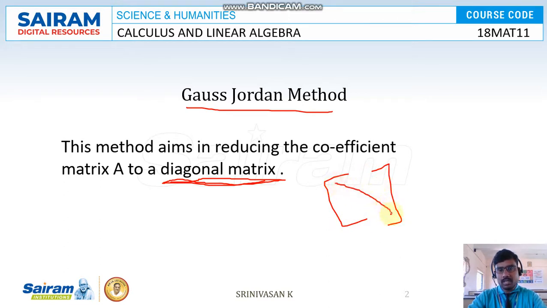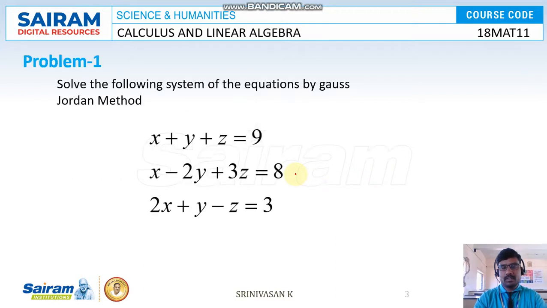We get only the diagonal values, and the rest are 0. If it is a 3 cross 3 matrix, we get only the diagonal values. So our aim is to reduce the matrix to a diagonal matrix. That's all. So we'll directly start the problem.